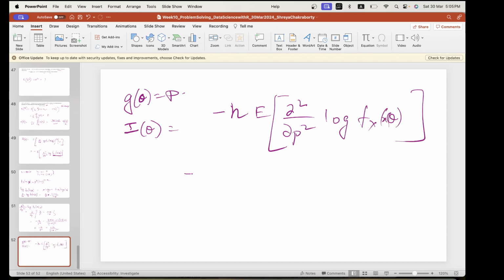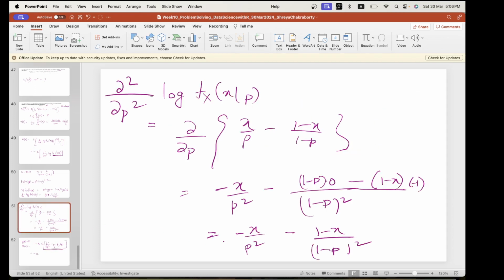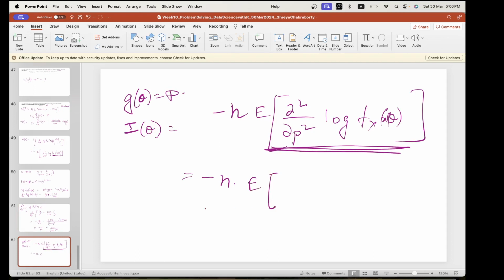Okay. So this one is minus n into this part we have already calculated, and that is this thing, expectation of minus x/p square minus (1 minus x)/(1 minus p) whole square.